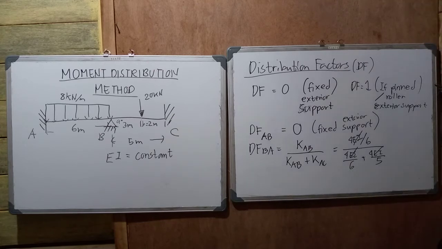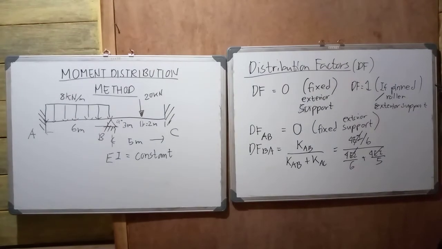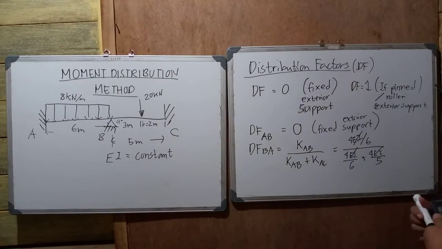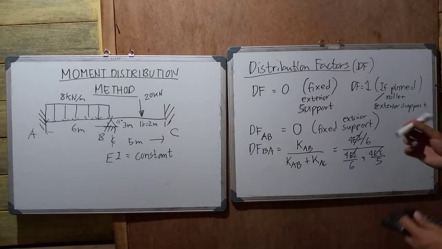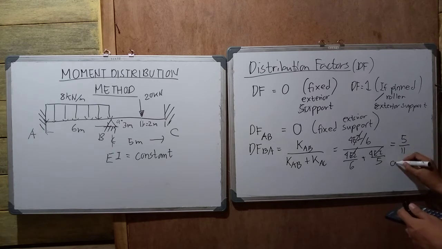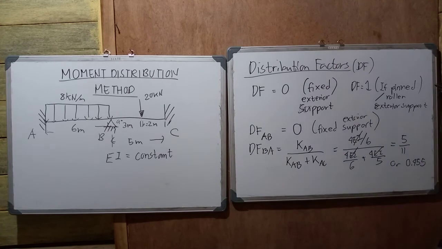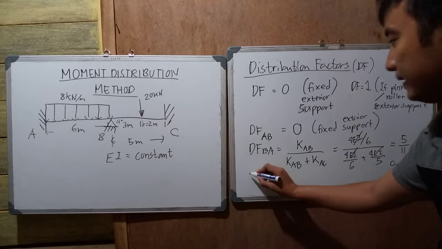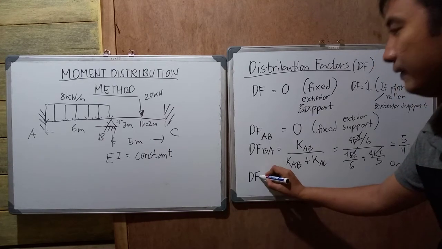Okay? So, therefore, it is 5 over 11, is equal to 5 over 11 or 0.455. Okay? I-3 decimal place lang natin.